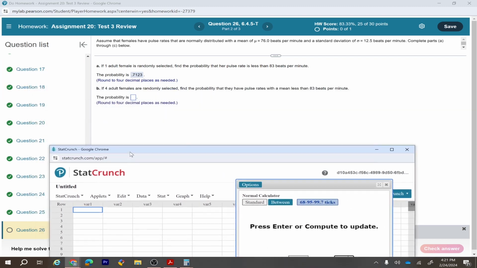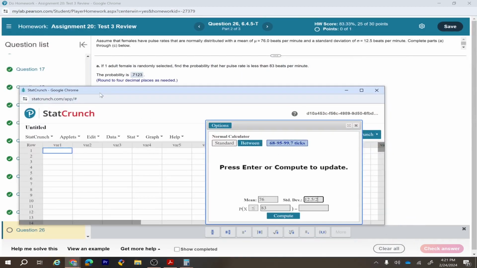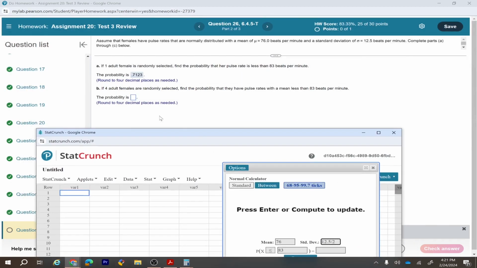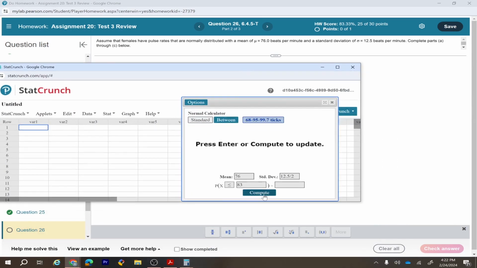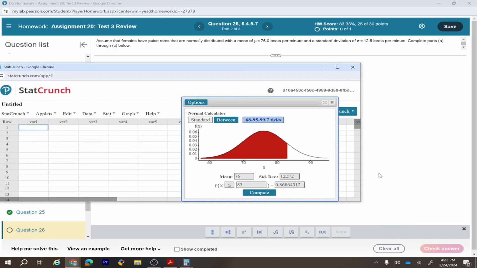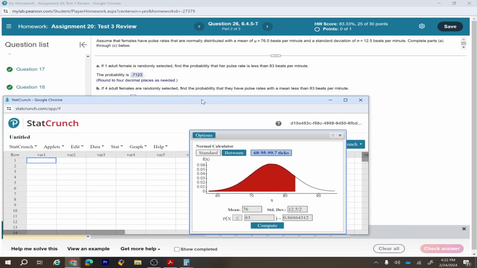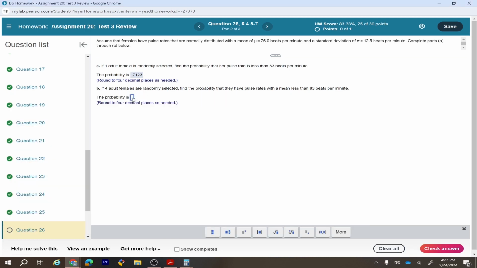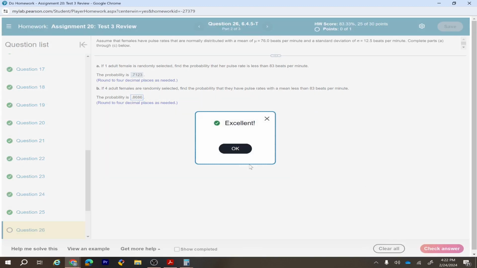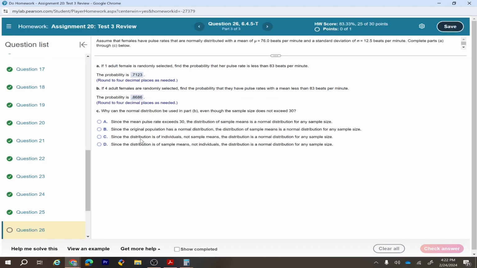Now find the probability that if 4 adults are randomly selected, they have a pulse rate with a mean less than 83. So less than 83, that is 0.8686. That's the probability. The only difference is this time it's a sample mean instead of one person.